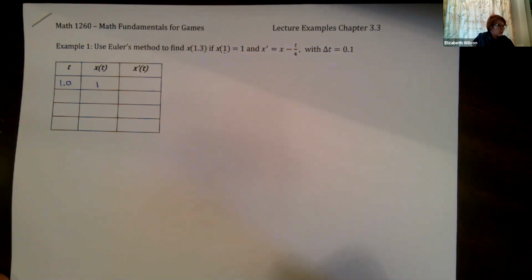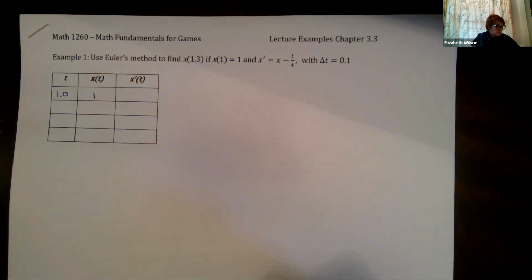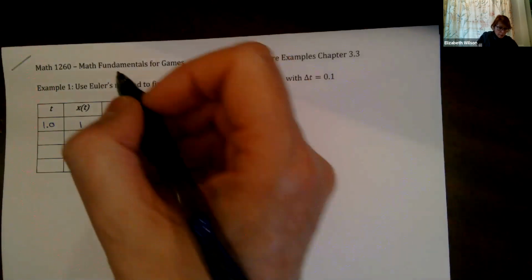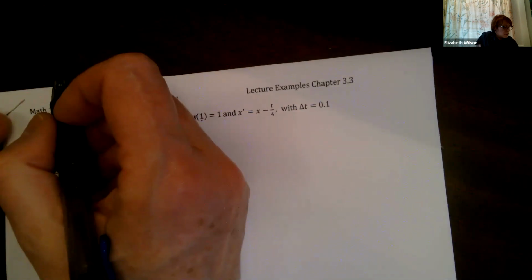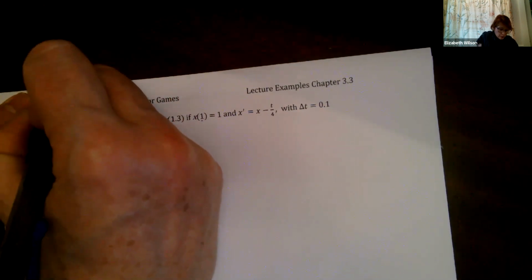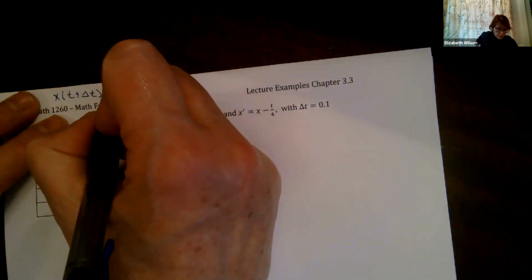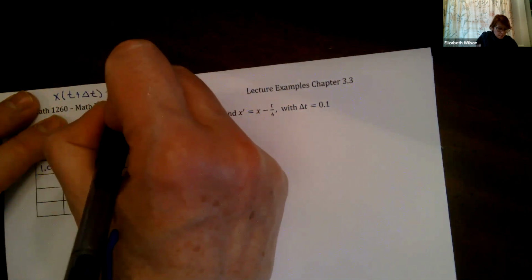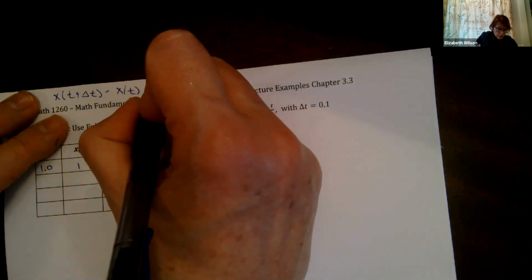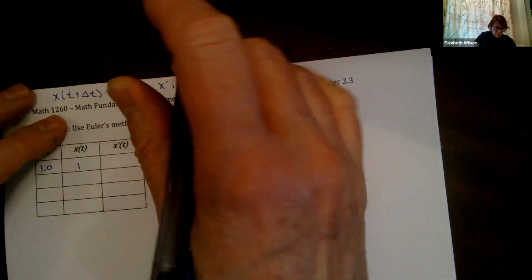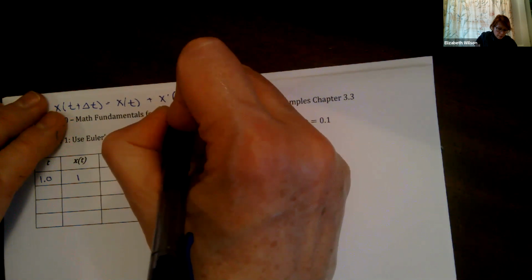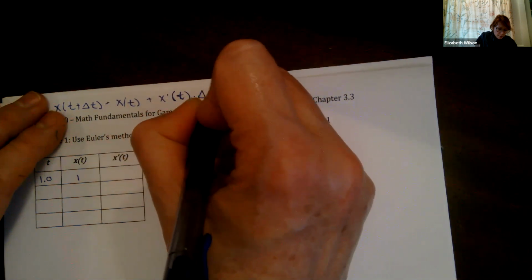So let's remember, I'm going to write down our Euler's equation here too. Let's write down at the top, Euler's equation is x of t plus delta t approximately equals x of t plus x prime of t times delta t.